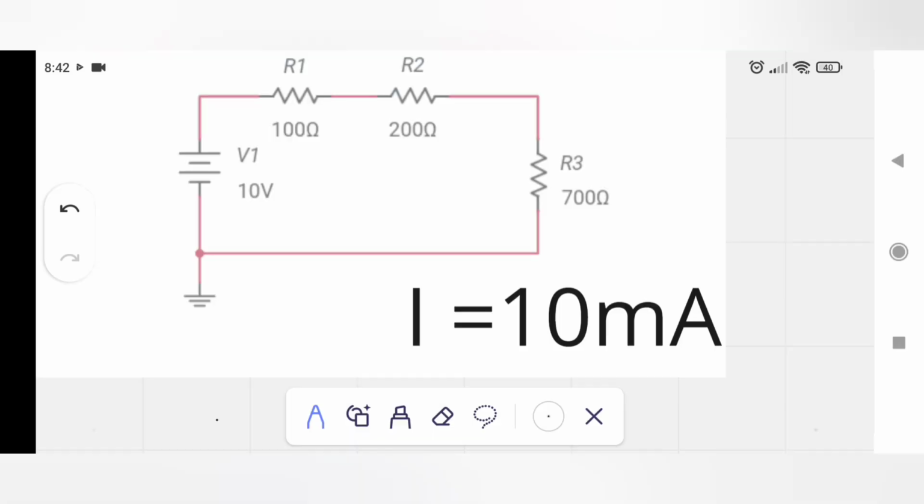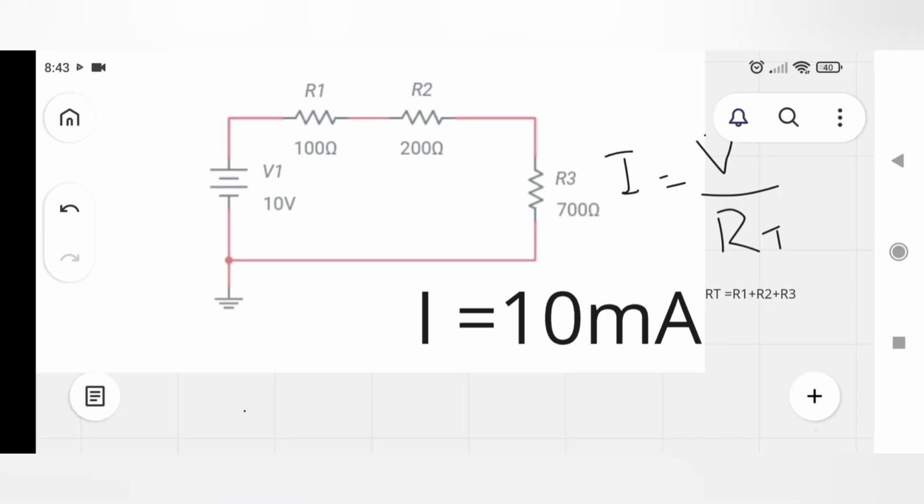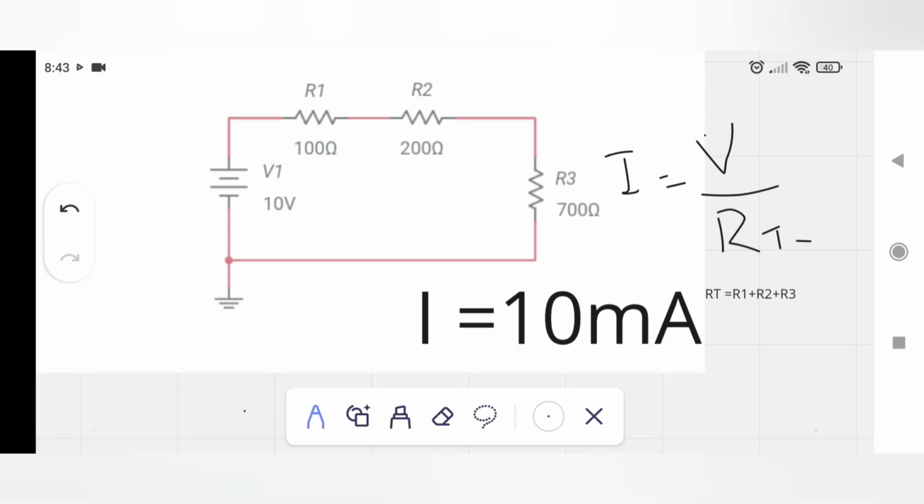Now come to the last circuit. Here again there are 3 resistors but all of them are of different values. The first resistor is 100 ohm, R2 is equal to 200 ohm and R3 is 700 ohm. Calculate the current. I is equal to V upon RT, and RT is equal to R1 plus R2 plus R3, that is the total resistance of the series circuit. This is V1, V2 and V3.